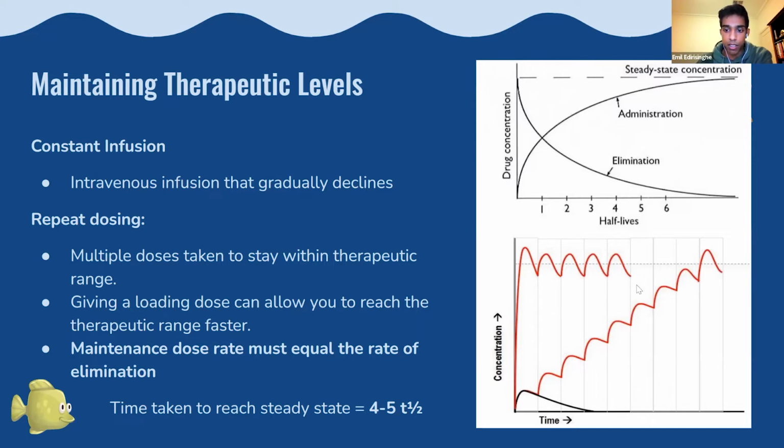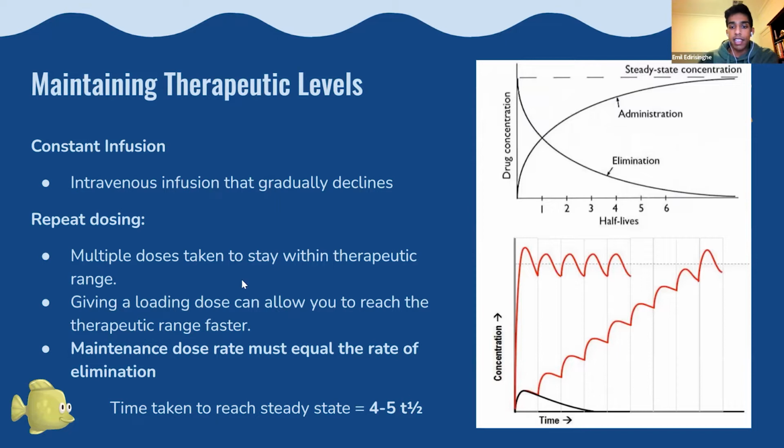And that's what you see here in the diagram on the right, on the bottom. In this case, you're given multiple doses to stay within the therapeutic range. Each time the concentration in the plasma increases slightly, then it decreases, but then you give another dose so that it increases again before it can decrease all the way to zero.